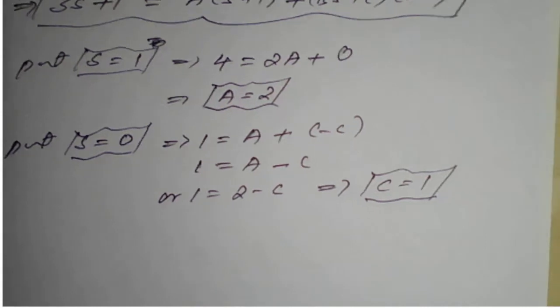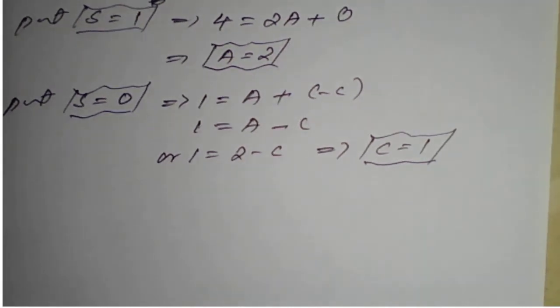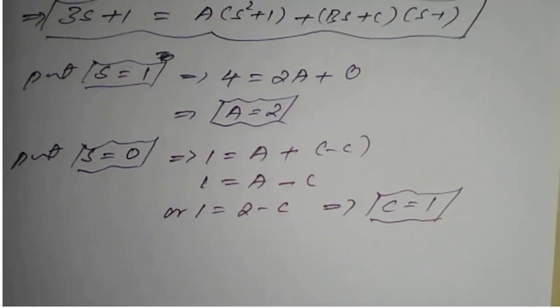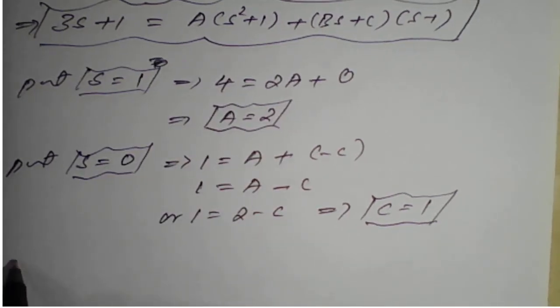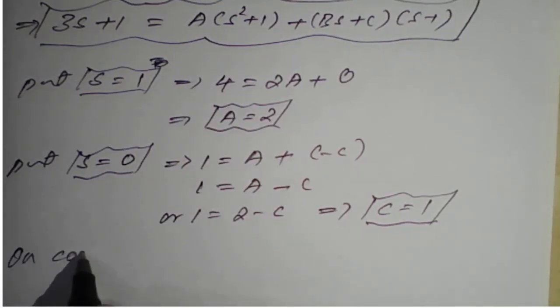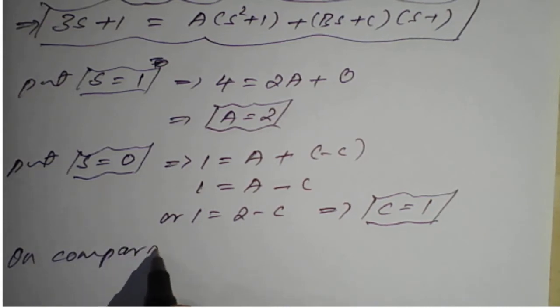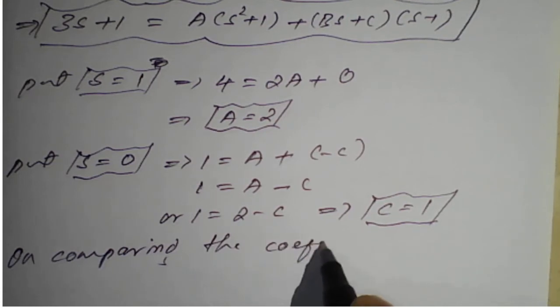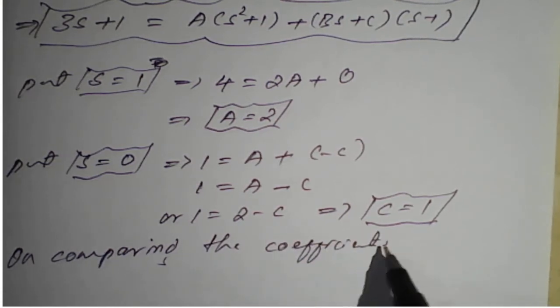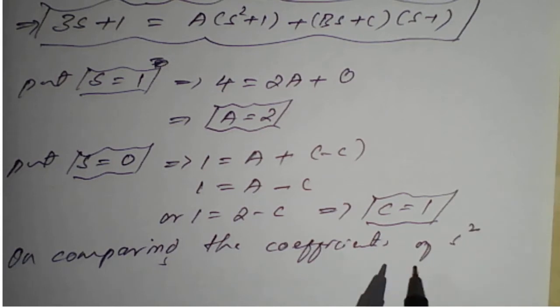So we got the value of A and the value of C. Now we'll see how to find the value of B. To get the value of B, I will compare the coefficients of s square on both sides.